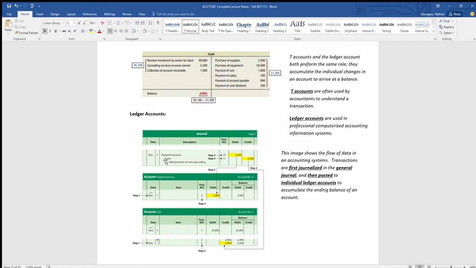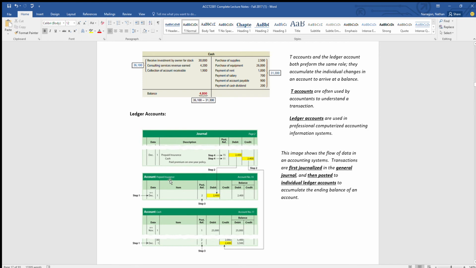Again, we'll get into prepaids a little bit later on. But this graphic basically shows you the flow. When we take the journal entry, we're going to find the account, their actual general journal account, and their individual ledger accounts. So we're going to post it from the general journal to their individual ledger account.